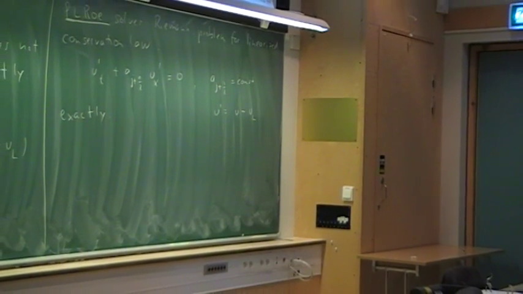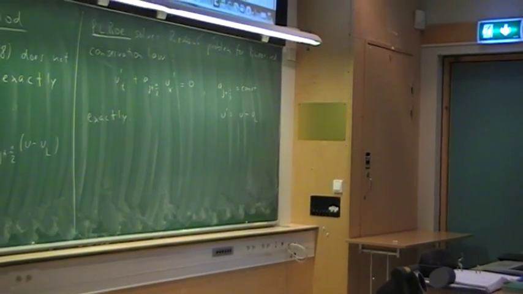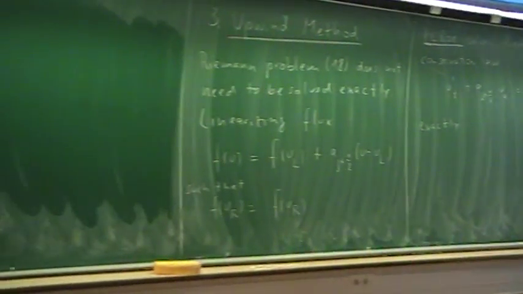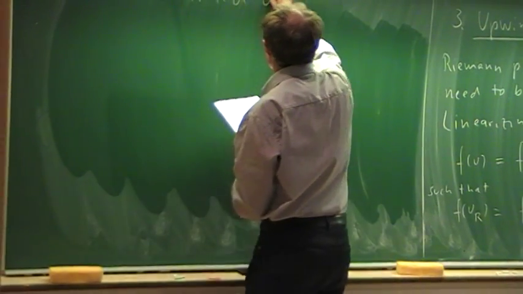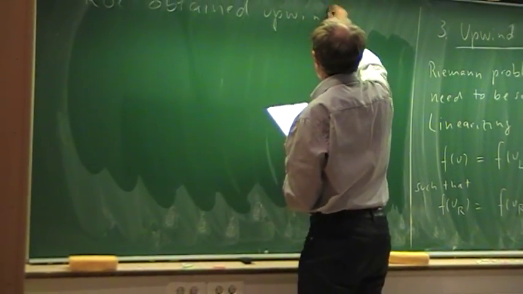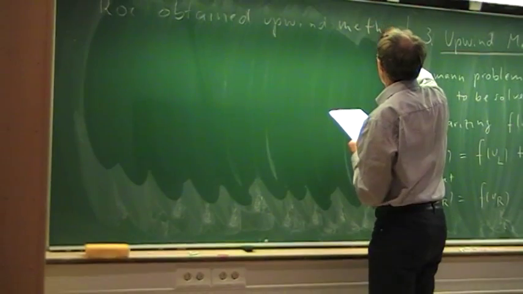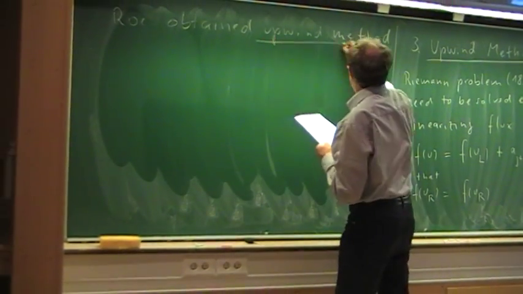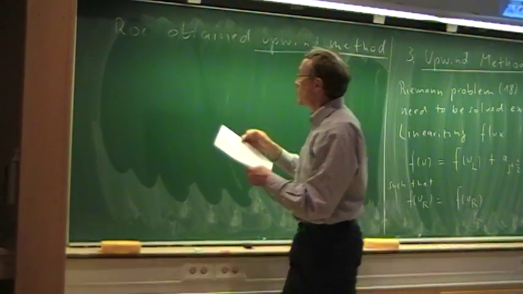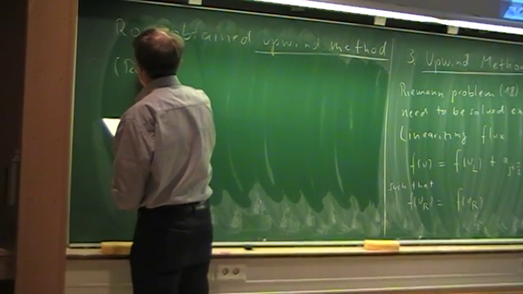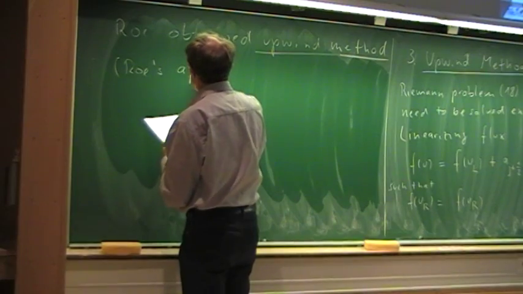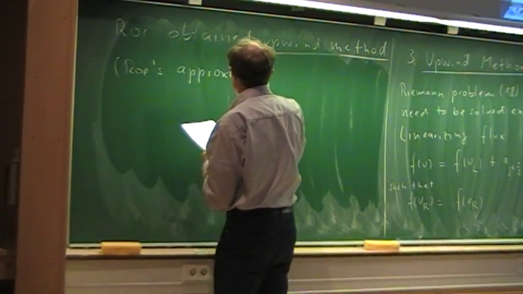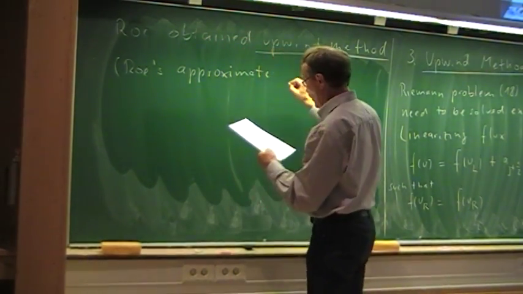So this is obtained by the Upwind method. And we could also call it Roe's approximate Riemann solver, because the Riemann problem is not solved exactly but only approximately.